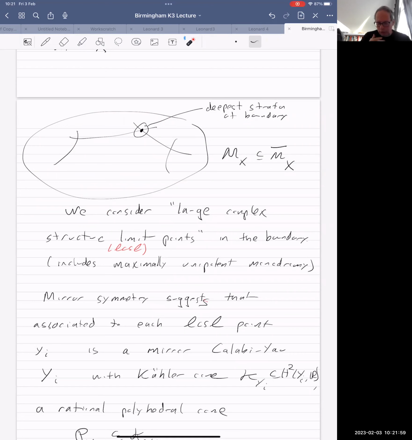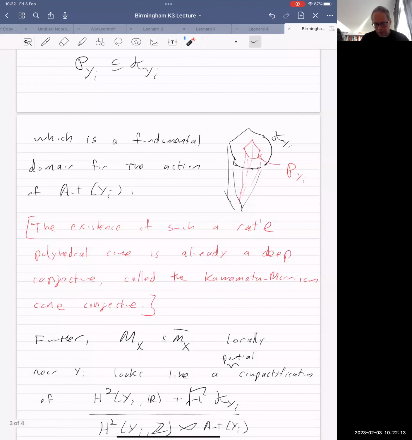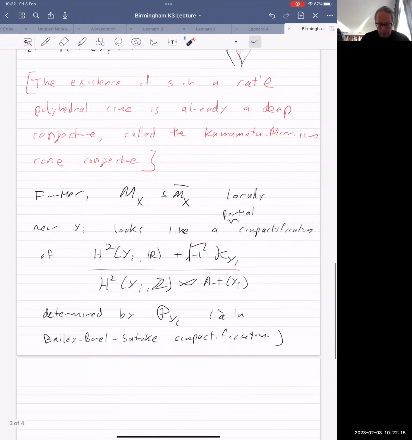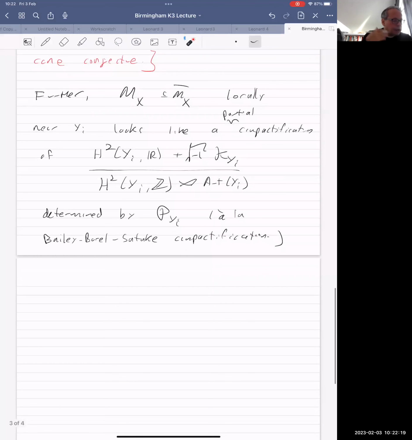Now, of course, when this was written, there was a huge amount that was unknown. For example, just constructing mirrors, there was no general construction for mirrors. Of course, the Kawamata-Morrison cone conjecture still isn't known. But there has been some progress.